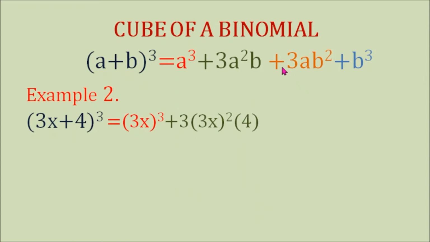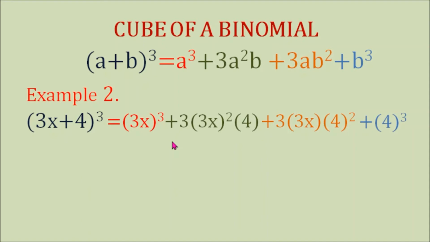And then for our third term, it's 3 times a times b squared. So it's 3 times a, this is our a, 3x, and b squared, our b is 4, then squared. Then our last term is b cubed, the cube of the second term, so it's 4 cubed.